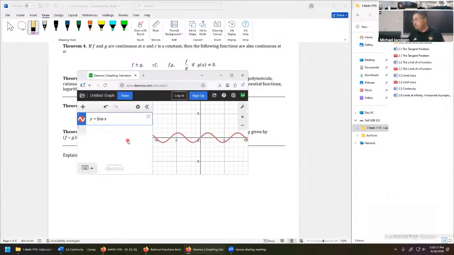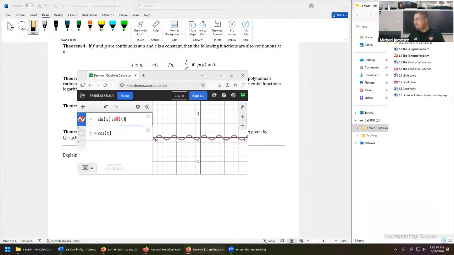You take two continuous functions, say y equals sine x and y equals cosine x. So there they are, both in their full glory, but you decide to multiply them together. It's still continuous. So here's sine x times cosine x. Let me try again.